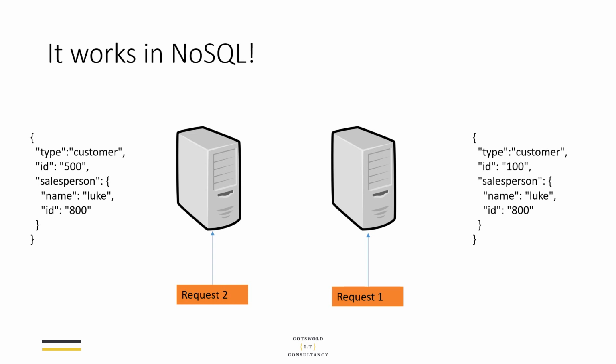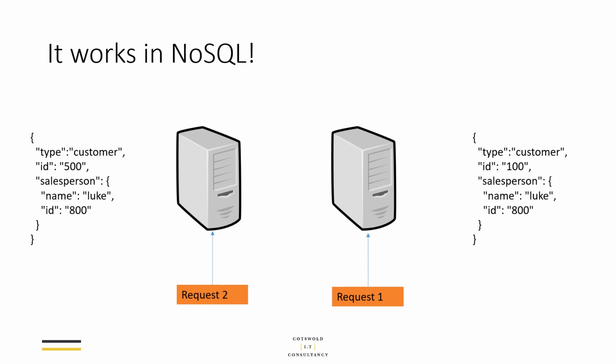But something else you can do, which is more acceptable in NoSQL than it is in SQL, is to denormalize the data. So in this example, you can see the salesperson called Luke is the same salesperson in both documents, but rather than using a symbolic link of some sort that we would use in a relational database, we've simply duplicated that data into both of those records.